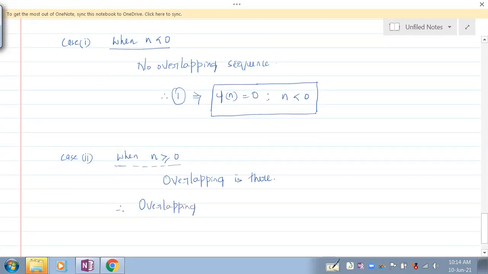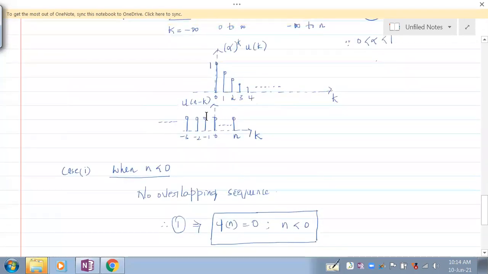See everybody, when this n goes beyond 0, there are more number of people handshaking. From which range to which range the overlapping or handshaking is happening? It is from 0 to n. Let me again write that in solid lines.